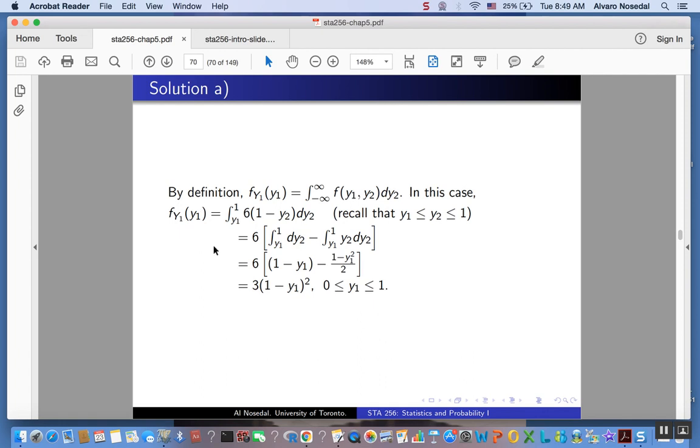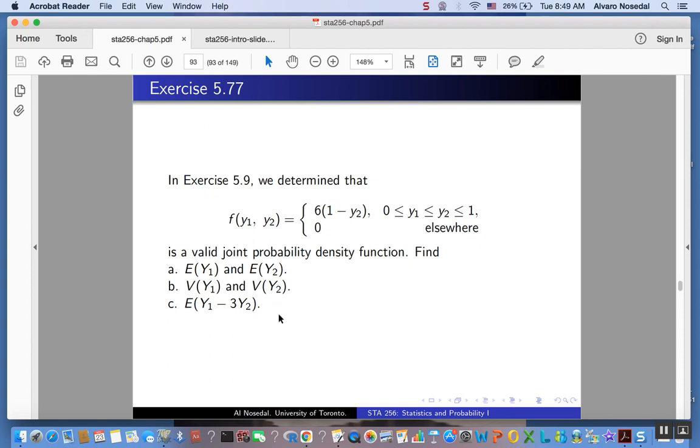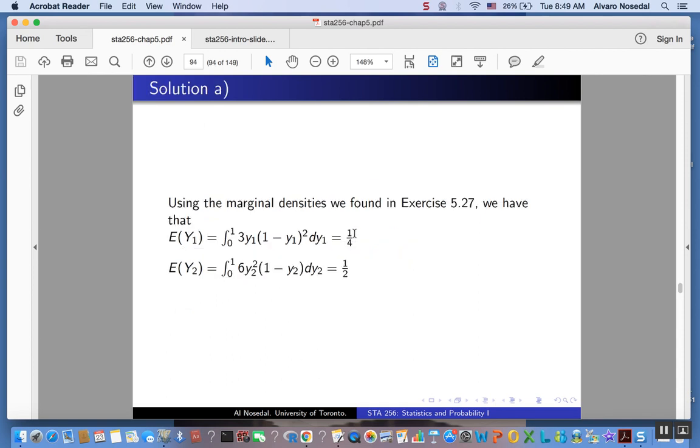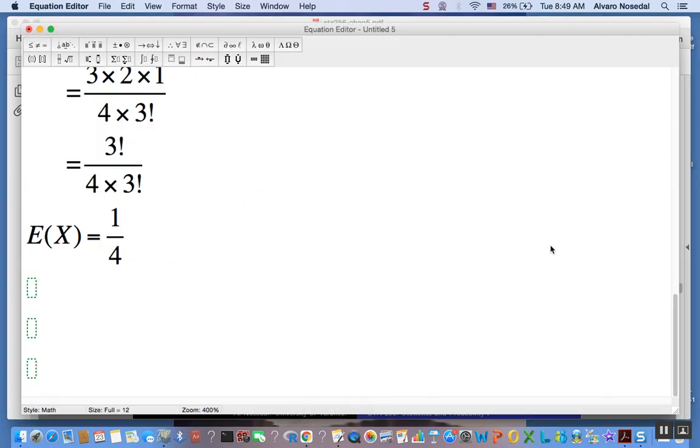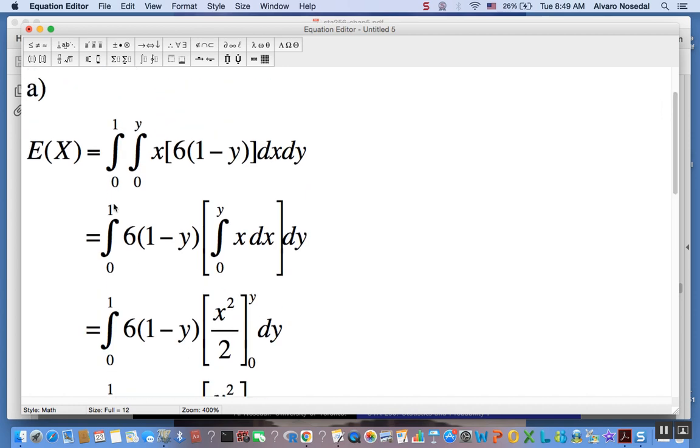The same goes for y2. You find the marginal, and then you apply the definition of expected value for one random variable. But now you saw that if you're careful, you end up with the same result using double integrals as well. Make sense?